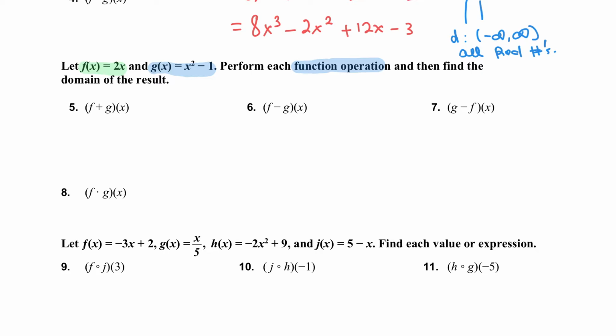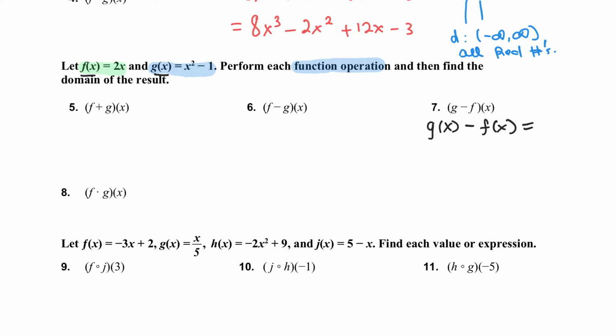That's right, you are subtracting g, which is function g. But what I'm going to do is say g of x, since I have it up here, g of x minus f of x. And then the next step is to substitute those functions where they're supposed to be.